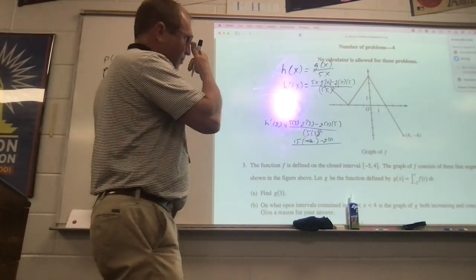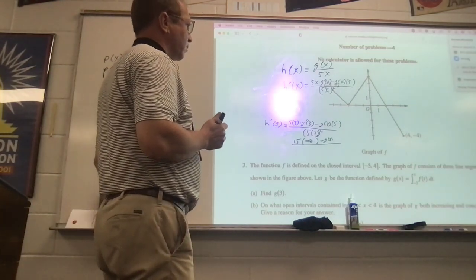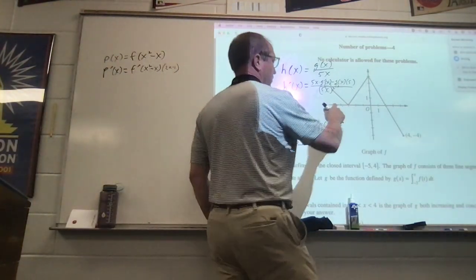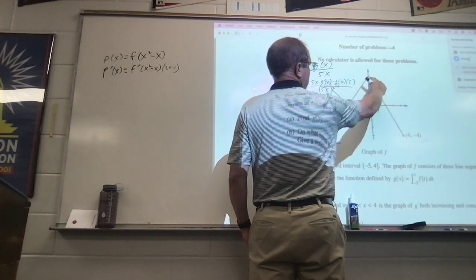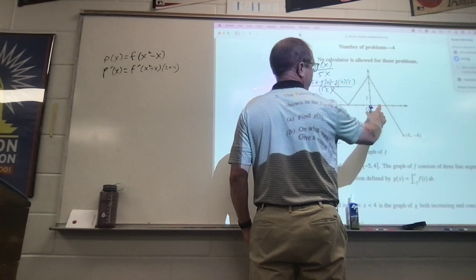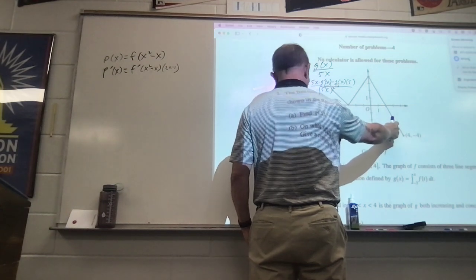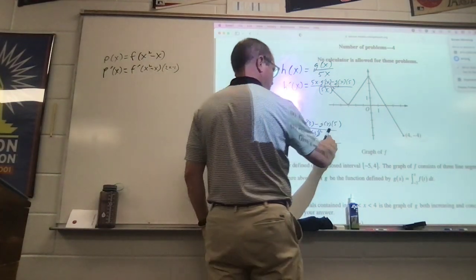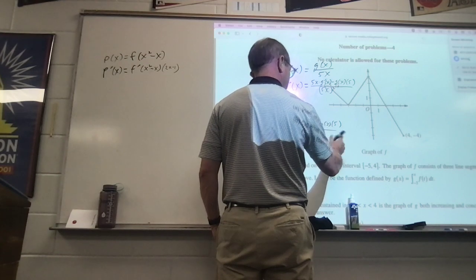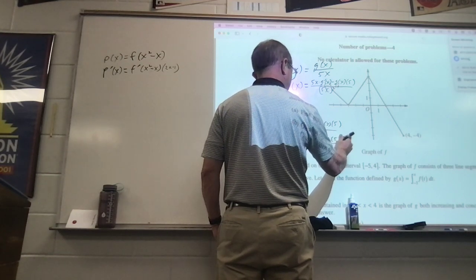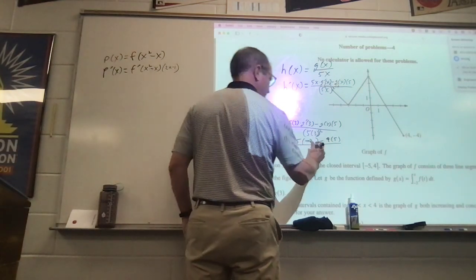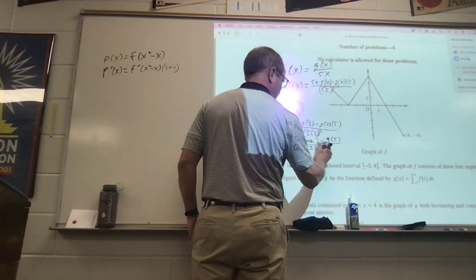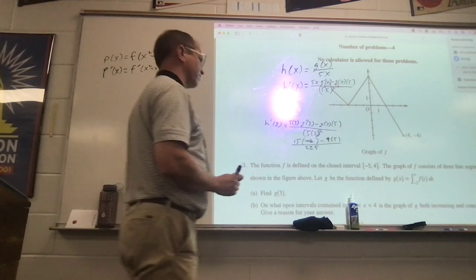I've erased that from the board, so I'm going to have to resolve it. So we've got the area inside of this triangle here, which is 2 times 5, which is 10, minus 1 is 9. So g of 3 is 9. So we have 9 times 5. And then 5 times 3 is 15. You square 15, you get 225.